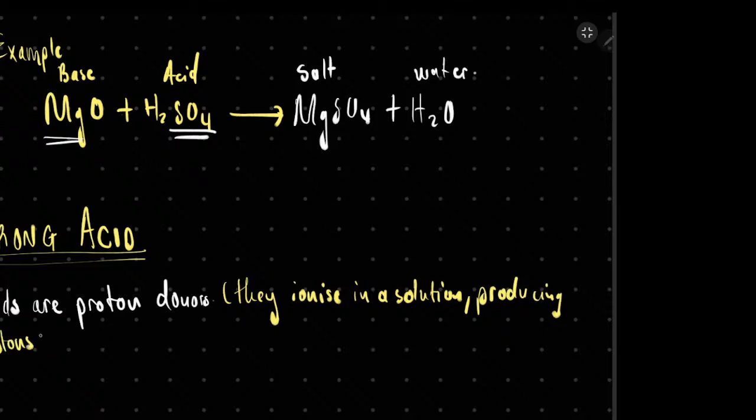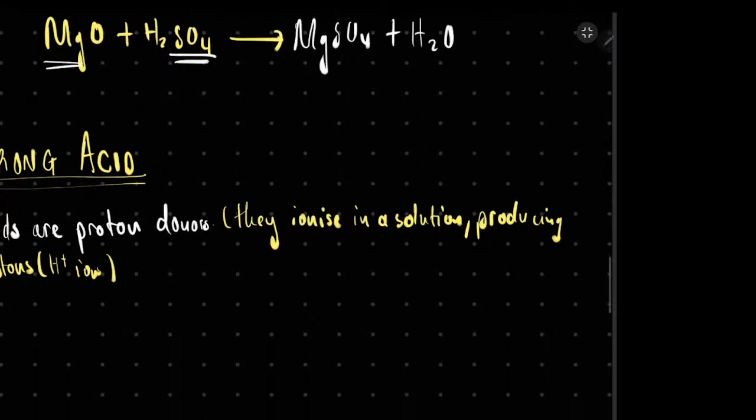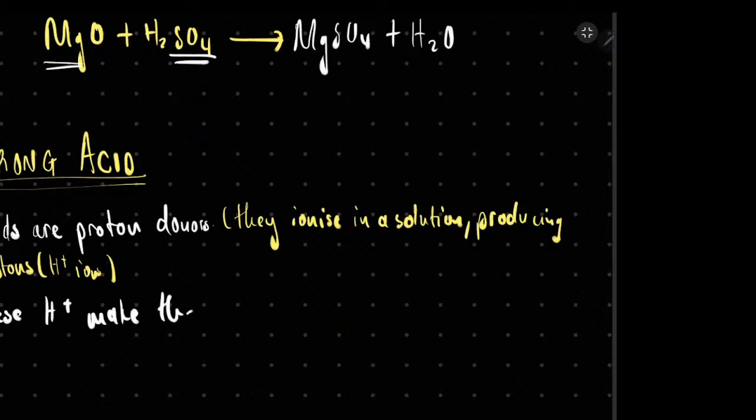What do they mean by protons? H plus ions. These H plus ions make the solution acidic. So this is the background.